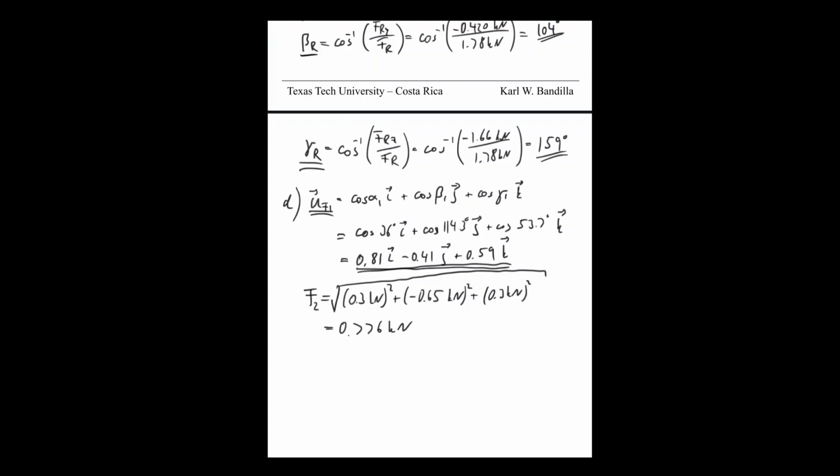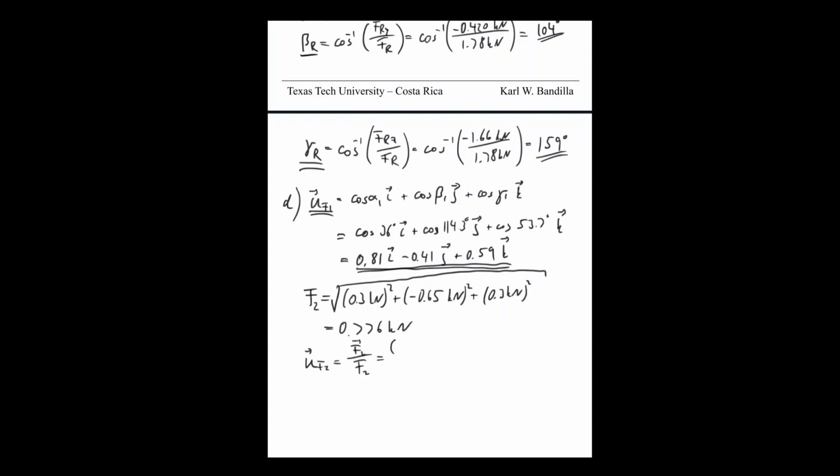So to get my unit vector, UF2 would just be F2 divided by the magnitude of F2.